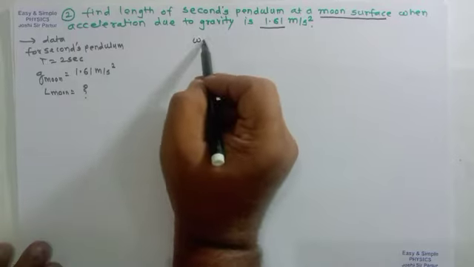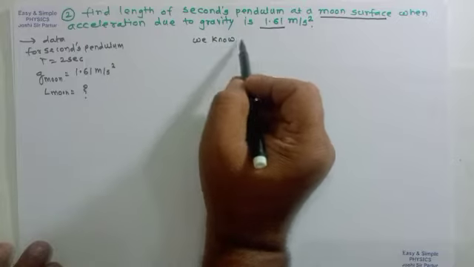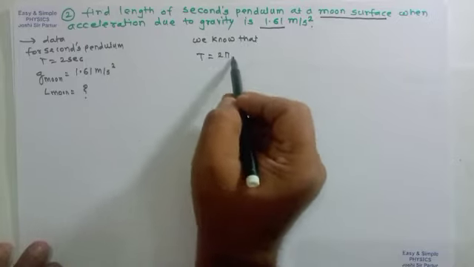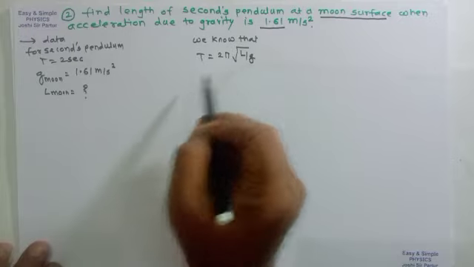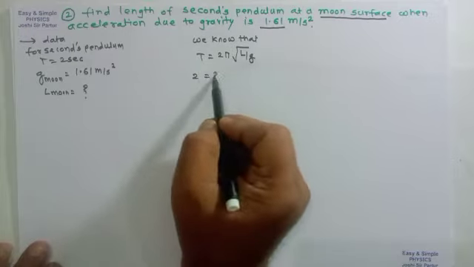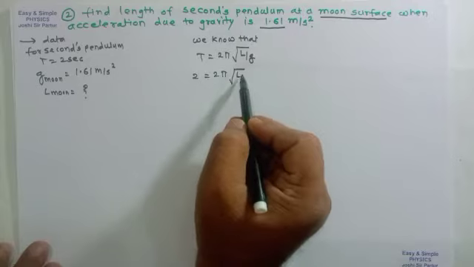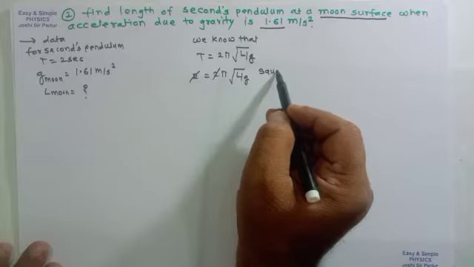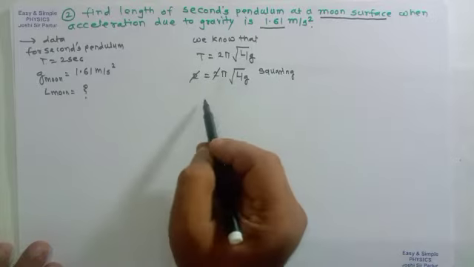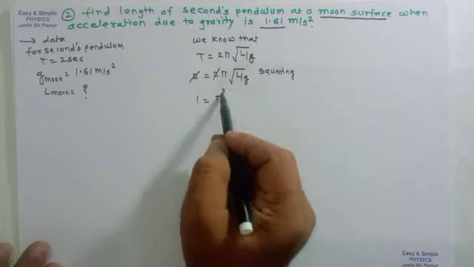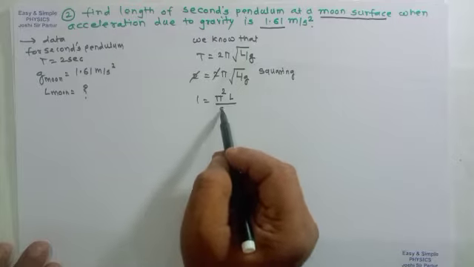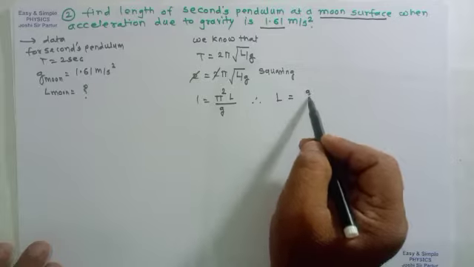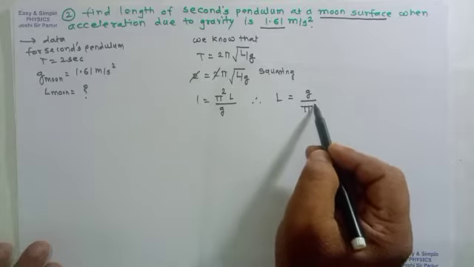So we know that T equal to 2 pi square root of L upon g. So 2 equal to 2 pi square root of L upon g. 2 gets cancelled, squaring. On squaring, 1 is equal to pi square L upon g, and therefore the formula L is equal to g upon pi square.